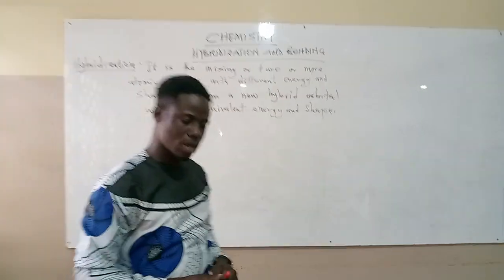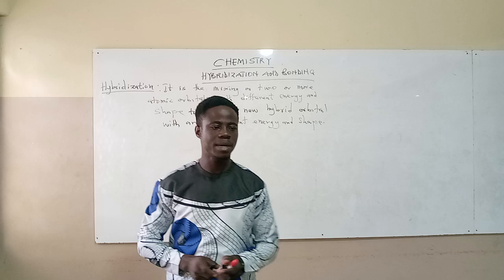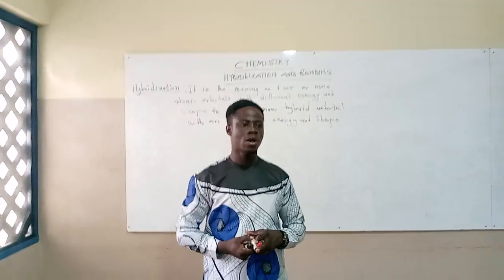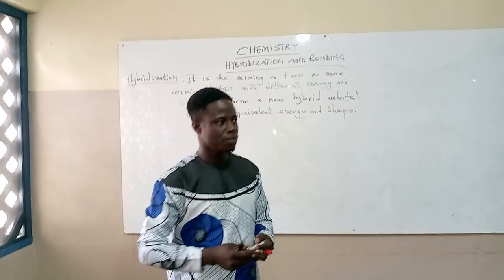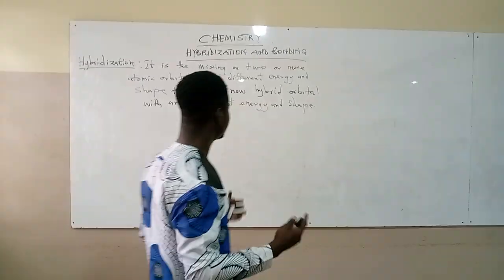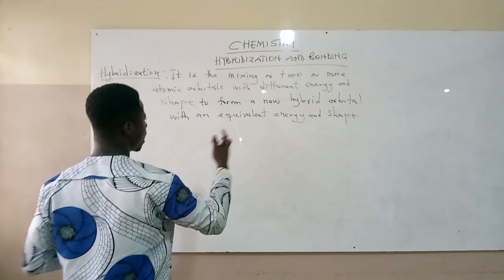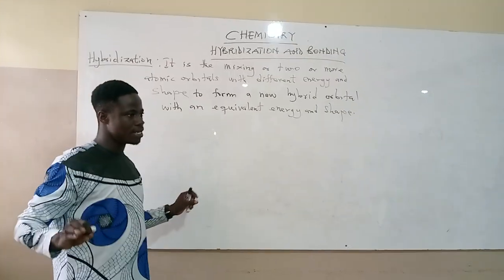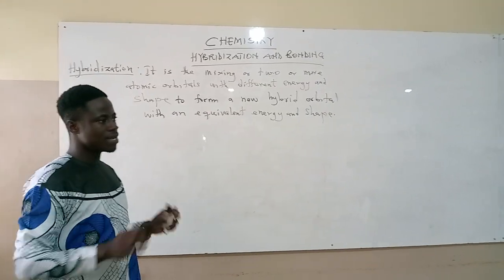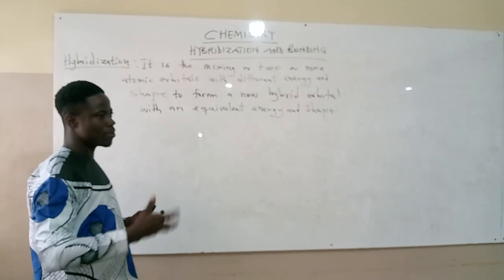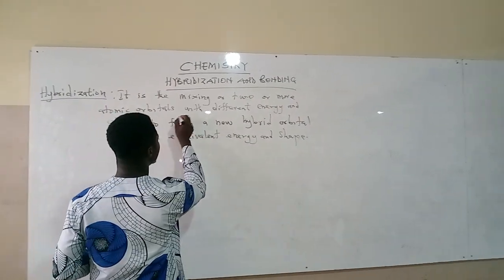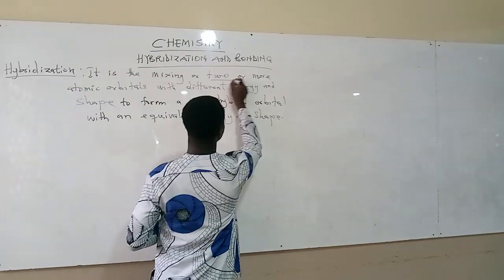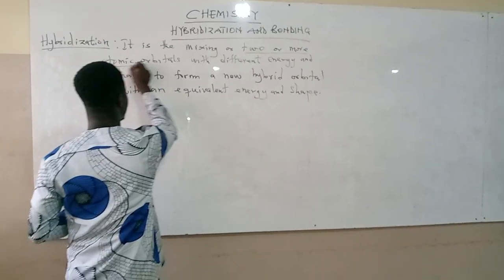When we talk about hybridization, we are going to discuss a lot about shapes. Hybridization is the mixing of two or more atomic orbitals with different energy and shape to form new hybrid orbitals with equivalent energy and shape. The emphasis is that anytime we are doing hybridization, we are mixing two or more atomic orbitals.